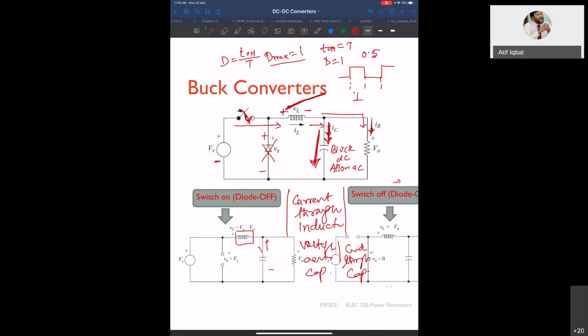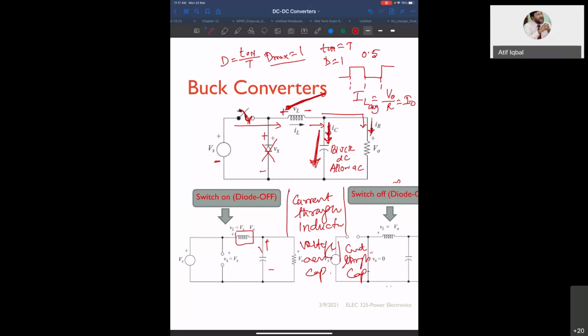That means the load current, which is equal to V naught by R, is also the average current of the inductor, because the inductor DC component will pass, and the AC component will be filtered out by the capacitor. So this is the situation when your switch is on.